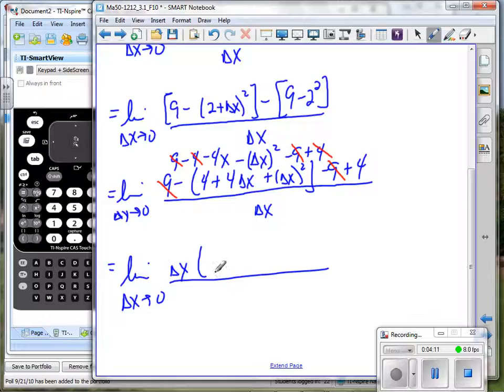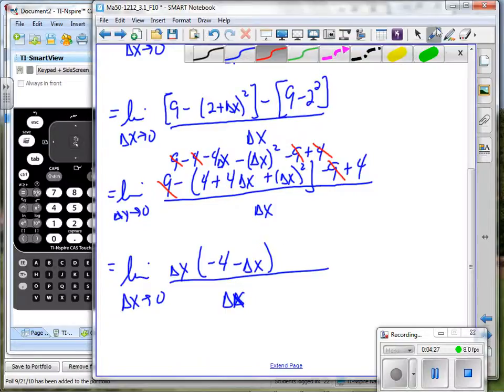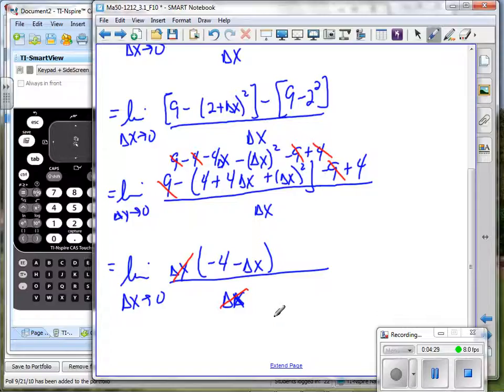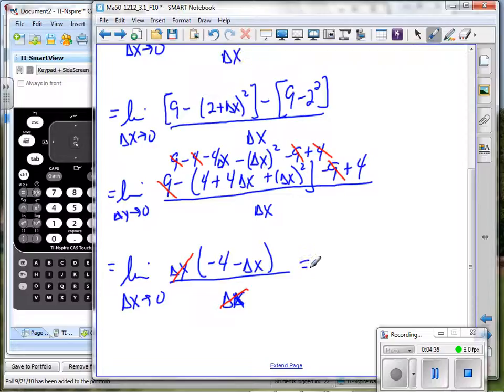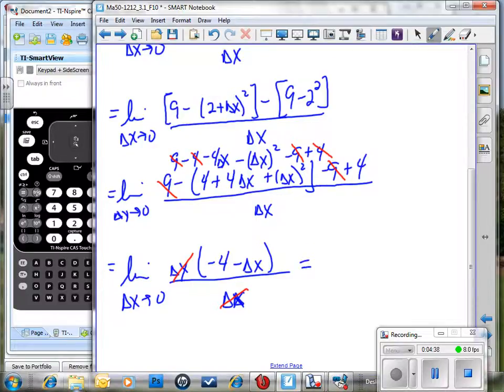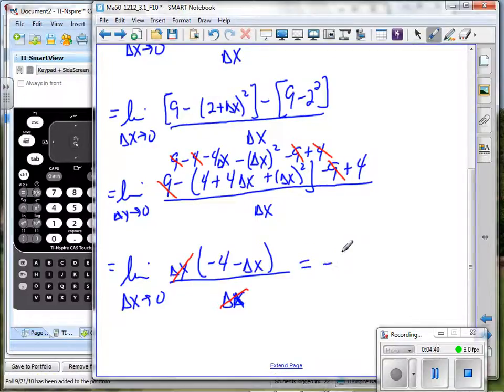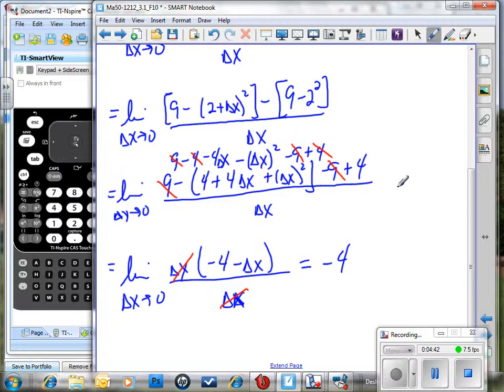So if I factor out a delta x, I would have negative 4 minus delta x, times delta x, divided by delta x. And those will cancel. Now can I use direct substitution? And the answer is yes. And my answer would be negative 4.